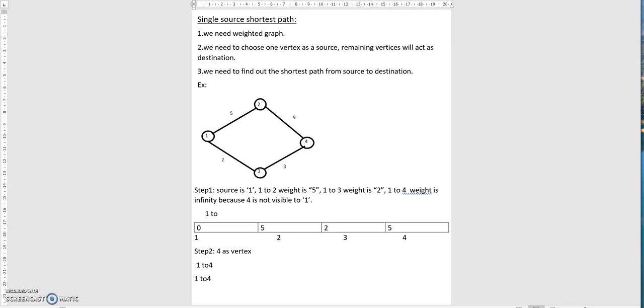After that I need to calculate 4 to 2, and 4 to 3. From 1 to 4 and 4 to 2 it becomes 1 to 2. 1 to 4 and 4 to 3 becomes 1 to 3.